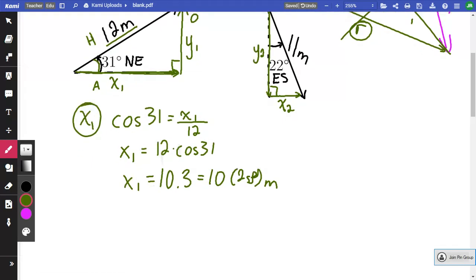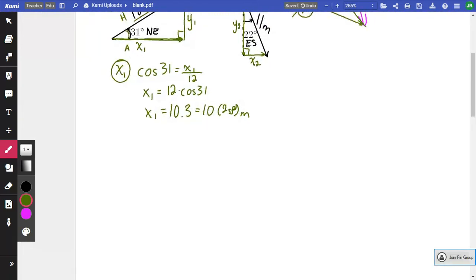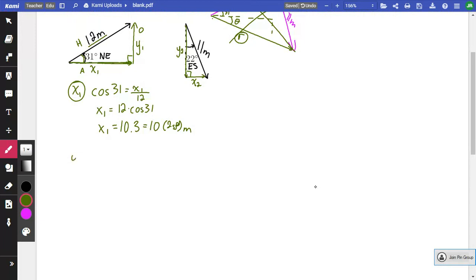All right, we also need to find y1. And so to find y1, now we're doing opposite and hypotenuse, so we're going to do sine 31. And we're going to see that this is very similar to our first step: y1 over 12, opposite over hypotenuse. And so y1 equals 12 times sine 31. Man, this looks just like this line, hey? It looks very much the same.